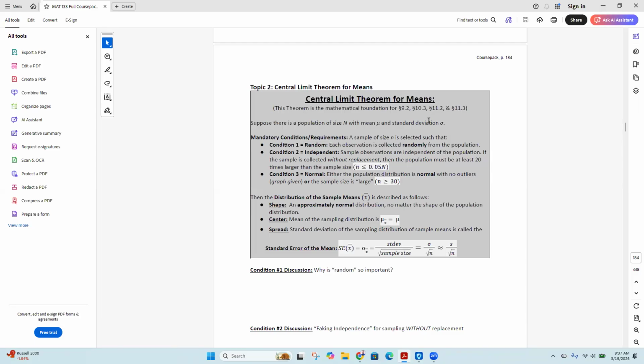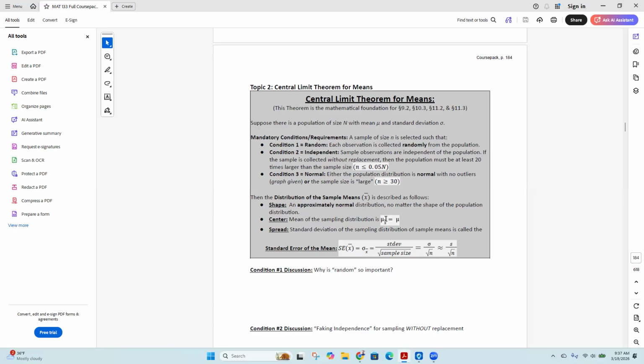What the central limit theorem says is as long as you meet these conditions, and we'll talk about the conditions in a second, then the distribution of sample means will have a shape that's approximately normal. That's the key concept. Now the center of that distribution of sample means will be the same center as your population mean.